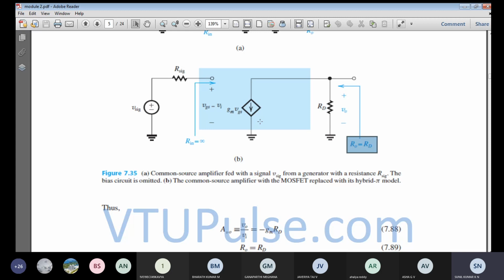So if r0 was present, then this final output resistance of the amplifier will not be just equal to RD, it will be the parallel combination of small r0 parallel RD.